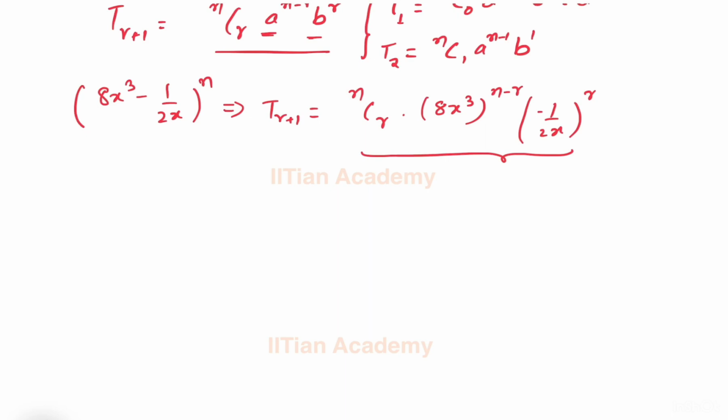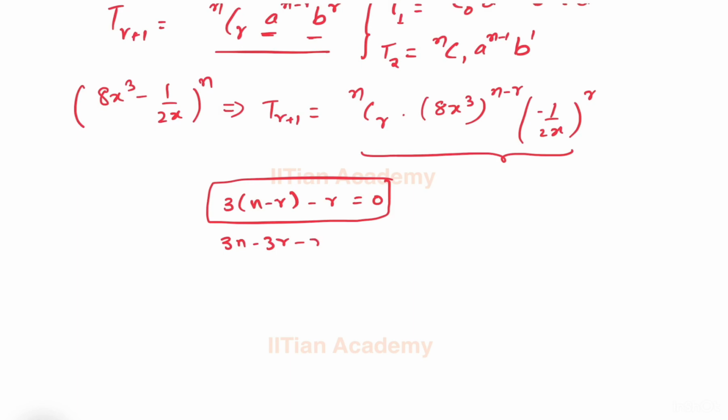The power of x would be 3 into (n minus r) from the first part, and from the second part the power of x is minus r. So we equate it to 0: 3n minus 3r minus r equals 0, or 3n equals 4r. From here we get n equals 4r by 3.